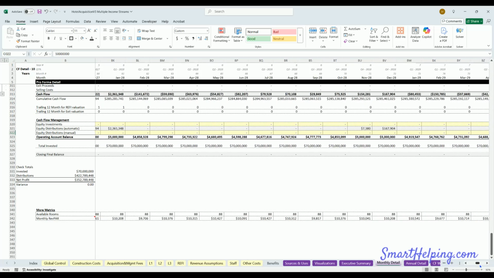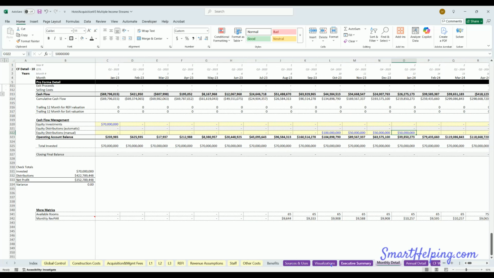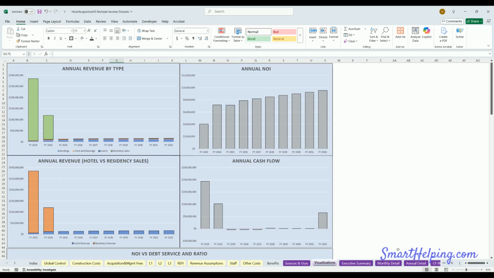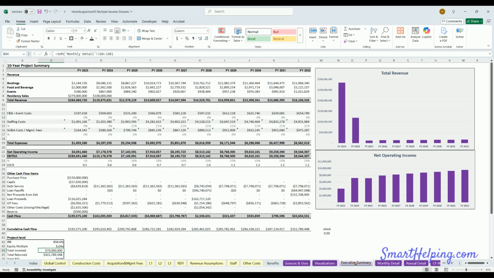Now we go back to that visual there, so now it's a little bit more balanced out. But you can see the point of how you can play with the numbers.